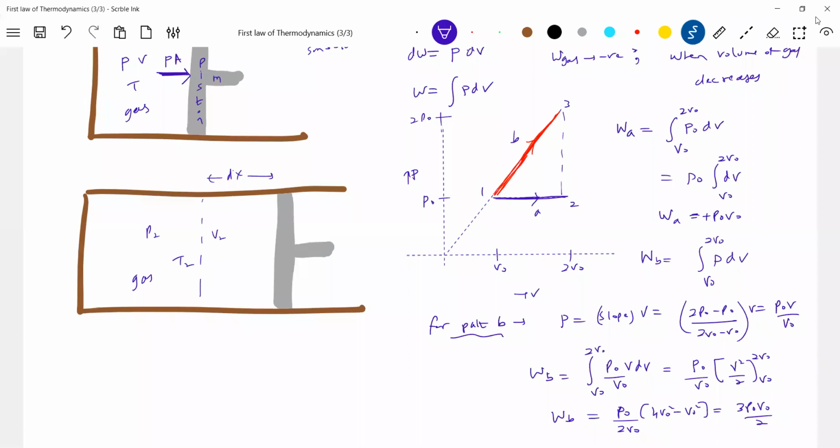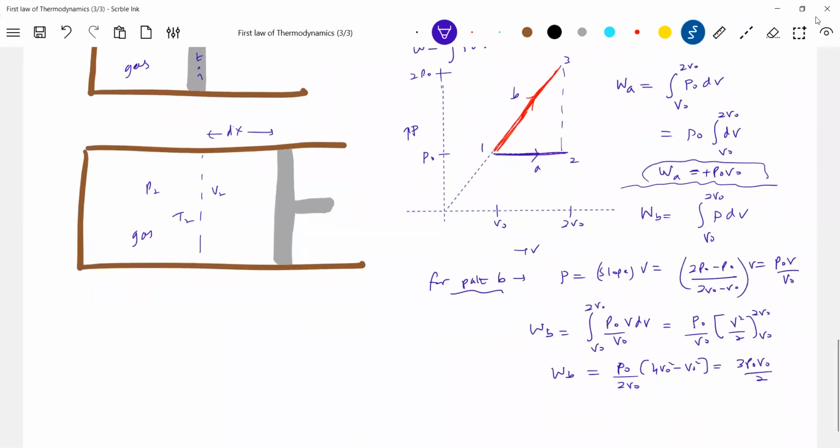Look at the work done along path B and path A. Are they equal or different? WA, WB, check it.